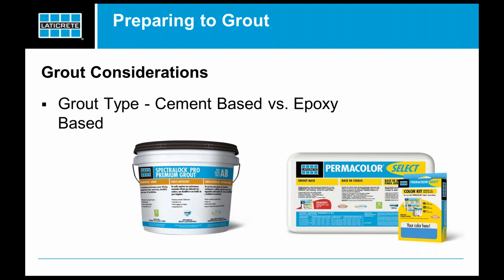Or if you want to special match any color, we can do that for you too. If there's a specific blue that you want to match, all you have to do is give us a swatch of it and we can custom color match it to hit any color out there. So again, either one of these is fine for these materials: Permacolor Select as the cement grout and SpectraLock Pro Premium grout as our epoxy grout.